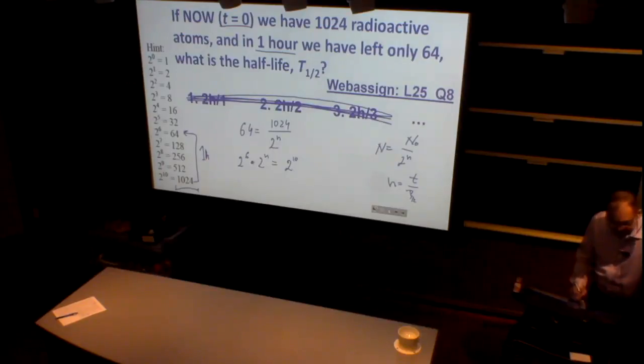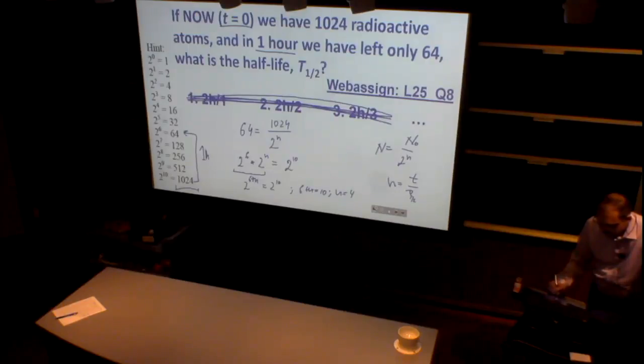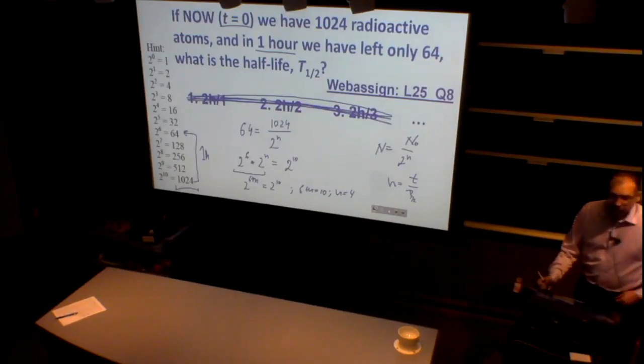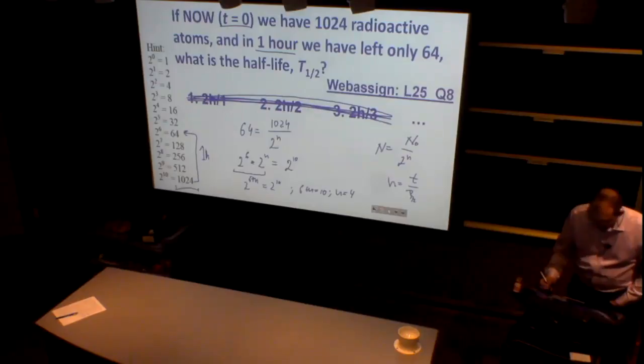Well, mathematics says if we're multiplying two powers with the same base, we can combine them together. And that's going to be 6 plus n. And that should be equal to this. But that means because the base is the same, 6 plus n should be equal to 10. So n should be equal to 4, which means we have to wait 4 half-lives.